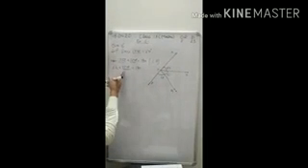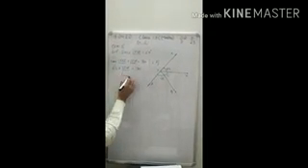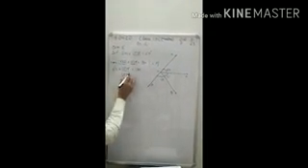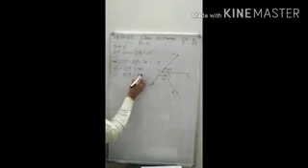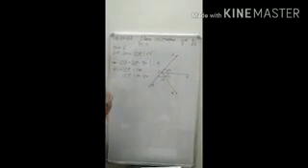Now from here you have to find the value of angle ZYP. It is 180 minus 64.